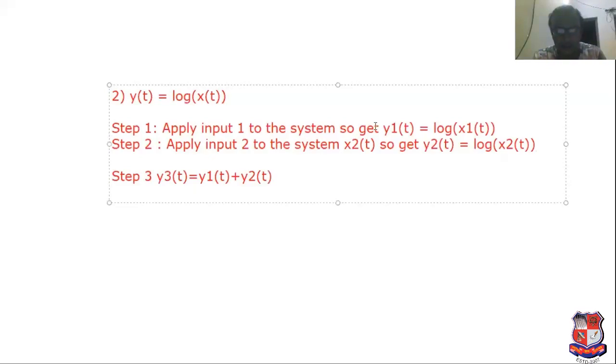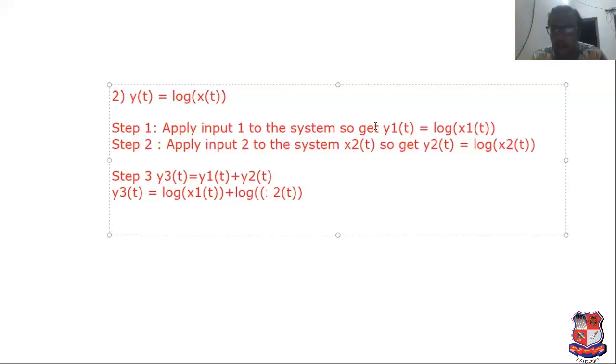So here we can say y3 of t equal to log x1 of t plus log x2 of t. This is y3 of t.